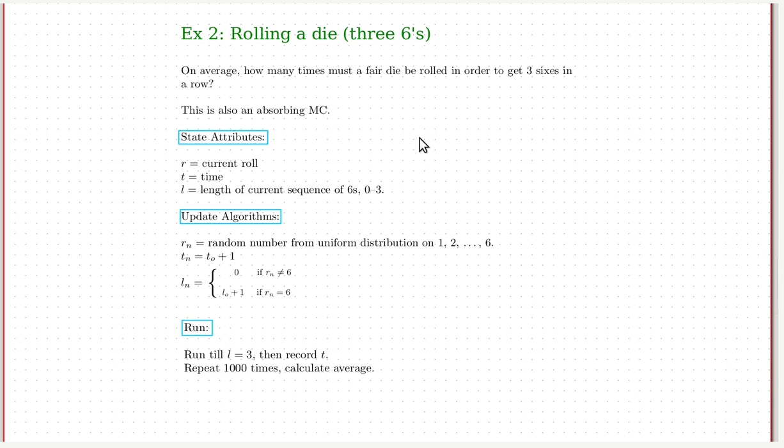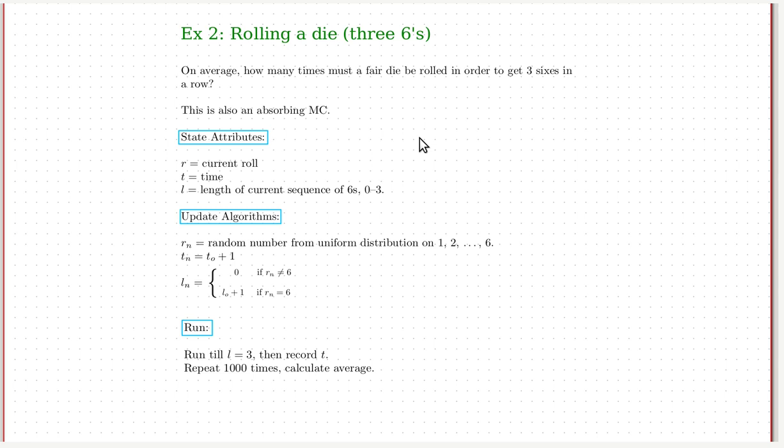Let me point out that both this problem and the previous one could be formulated as absorbing Markov chains. For example, in this case, you could think that you're rolling the die repeatedly. The absorbing state is when you've finally rolled 3 6s in a row, and then we can stop the experiment, but we model that as an absorbing state. And then you would have states that represent various stages you could be in before you've achieved that goal.